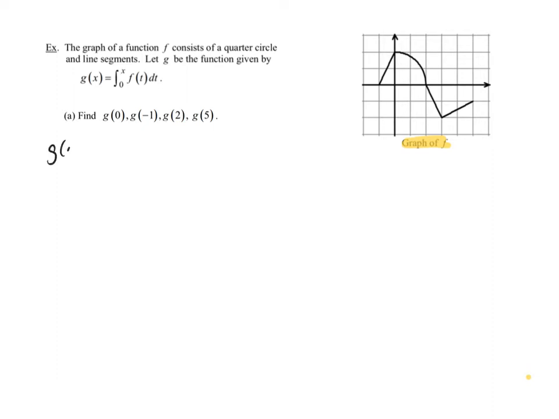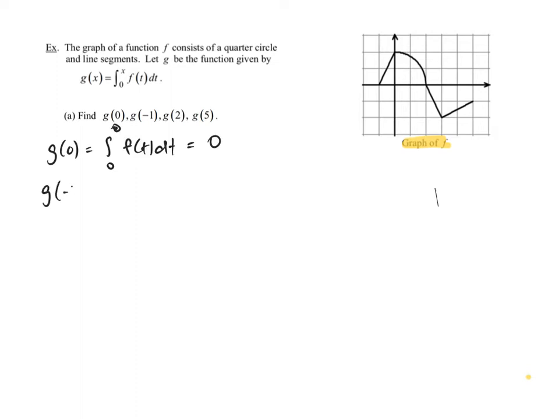Starting with g of 0, that just means to plug 0 in for x, so that would be the integral from 0 to 0 of f of t dt. By the properties of definite integrals, if my bounds are the same, then that integral must equal 0.